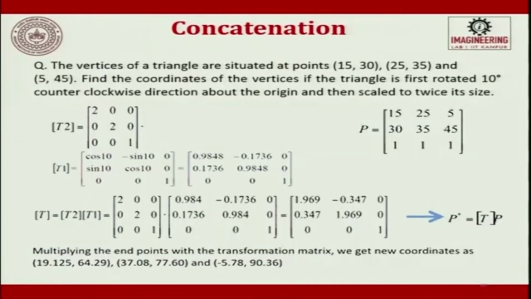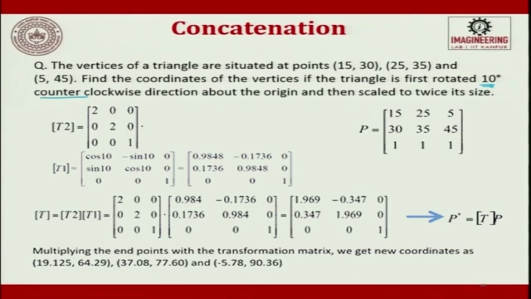So, here let us take an example. The vertices of a triangle are situated at points 15, 30, 25, 35 and 5, 4. Find the coordinates of the vertices if the triangle is first rotated 10 degrees in counterclockwise direction. You should see this counterclockwise direction.